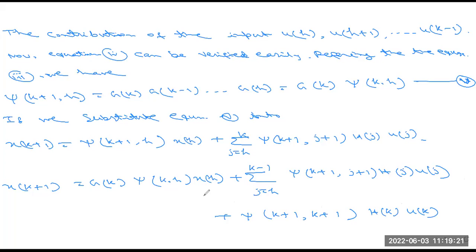Okay, so this is the substituted form of equation 5, where the psi range is k plus 1 and h.